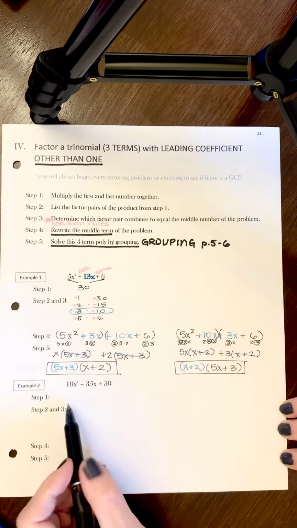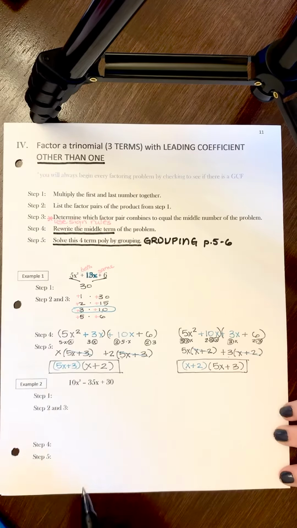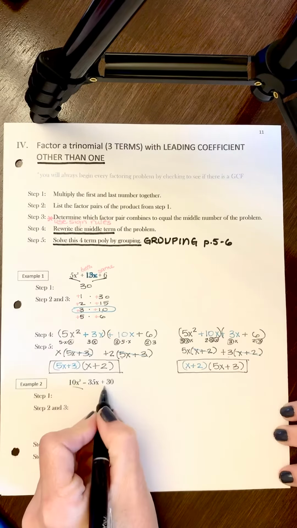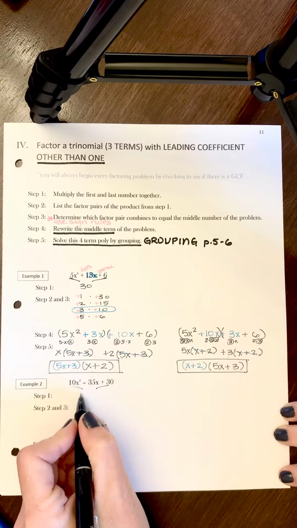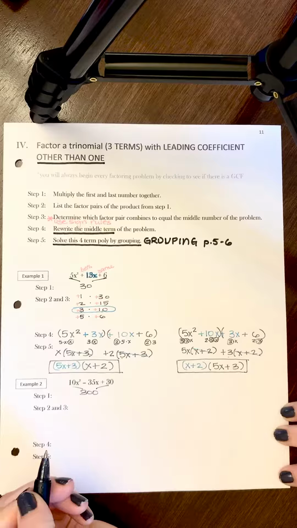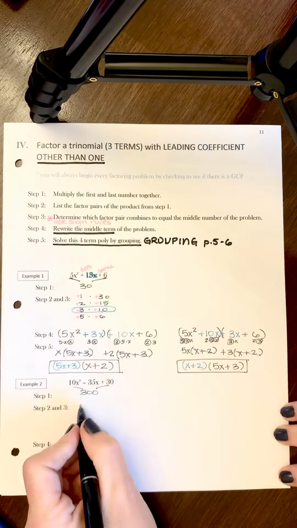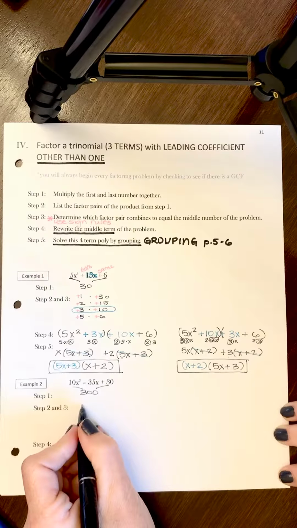Okay, so now let's do the second example. So we are going to multiply the first and the last together, and that gives me a 300. Now we have to list the factor pairs of that product. So the factor pairs of 300.